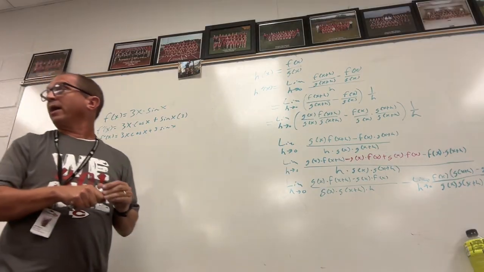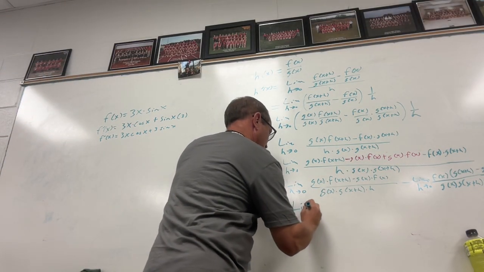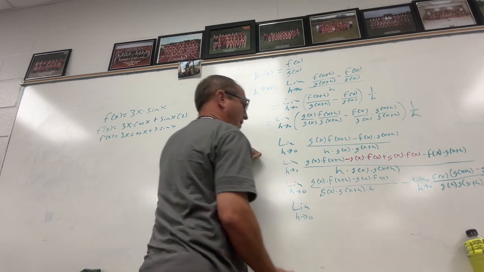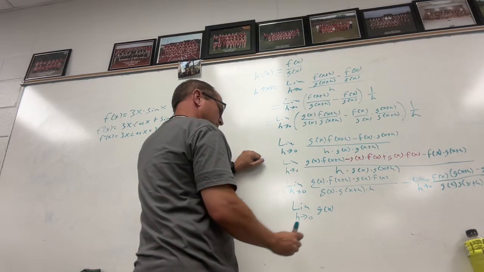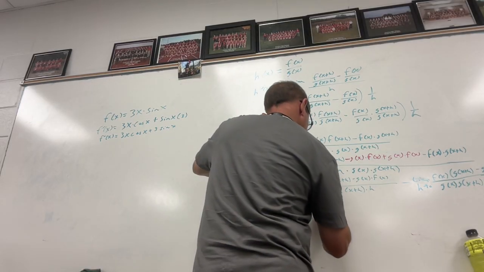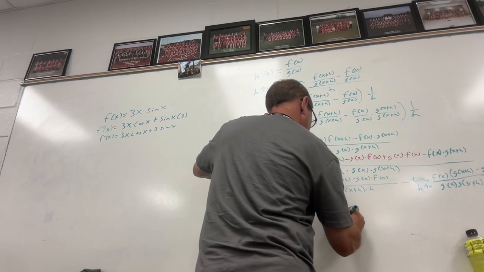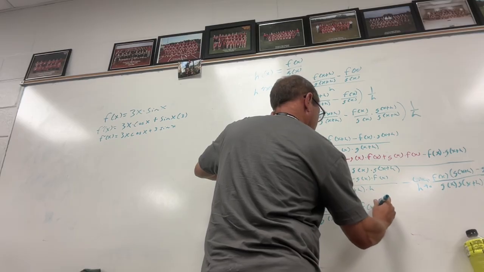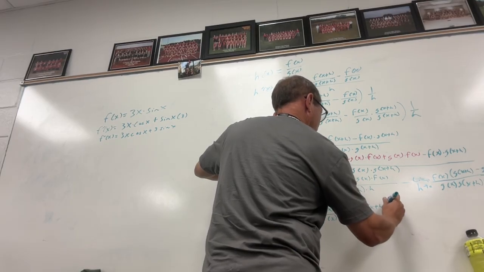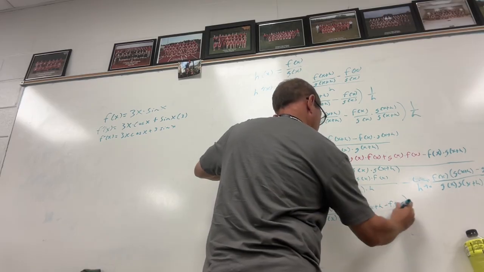But yeah, I could do that. That would be fine. But again, I'm cheating because I know where I'm going with this. Y'all are seeing this for the first time. So it's g of x over g of x times g of x plus h, and then it's times f of x plus h minus f of x all over h.